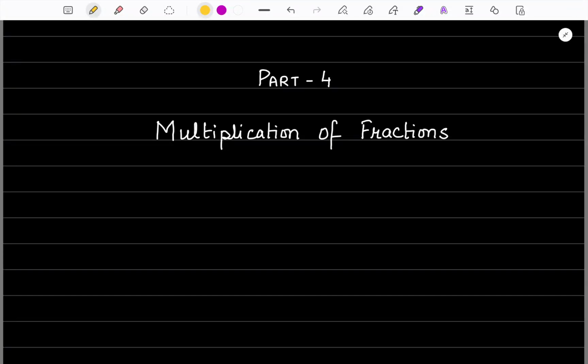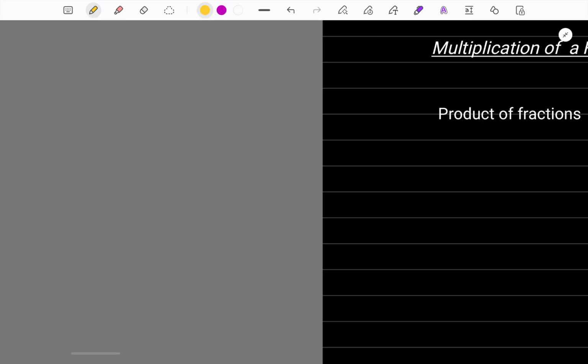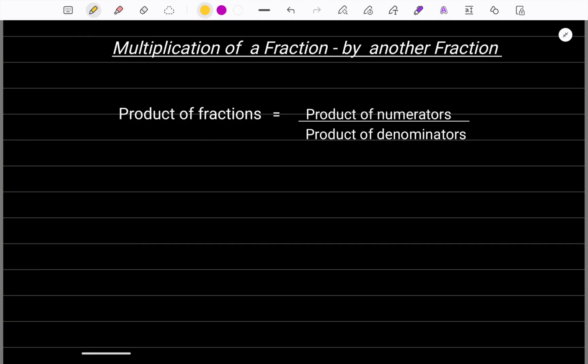In our ongoing series on fractions, today let us understand multiplication of fractions. We are aware that in mathematics, when we multiply any two numbers, the answer is called its product. When we talk about fractions, the product of fractions is equal to the product of numerators divided by the product of denominators.